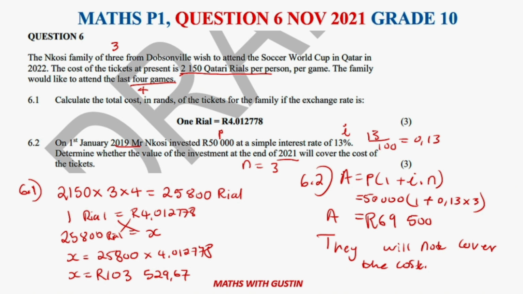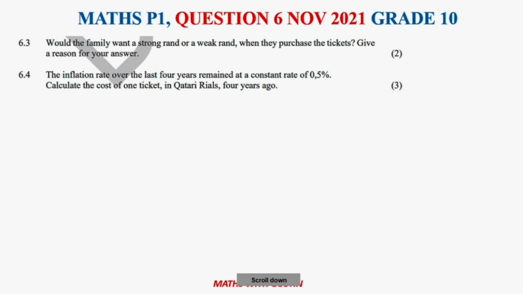Good stuff. So now let's move to question 6.3. It says: would the family want a strong rand or a weak rand when they purchase the ticket? Give a reason for your answer. I think this one is straightforward, guys.